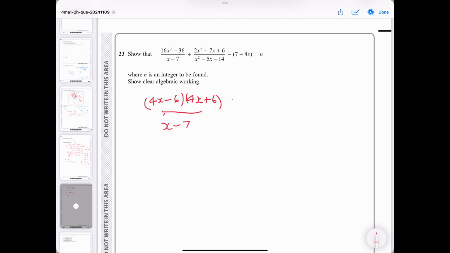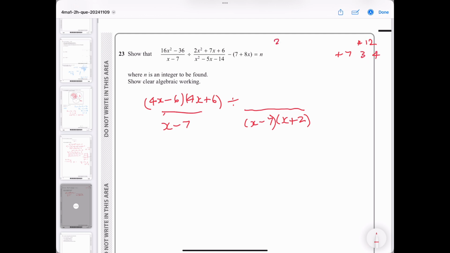2x squared, and now on the bottom is going to be 7 and 2, so it's going to be x minus 7 and x plus 2, for x squared minus 5x. Basically, I'm factorising everything. And then 2x squared plus 7x plus 6, so that's 3 and 4.